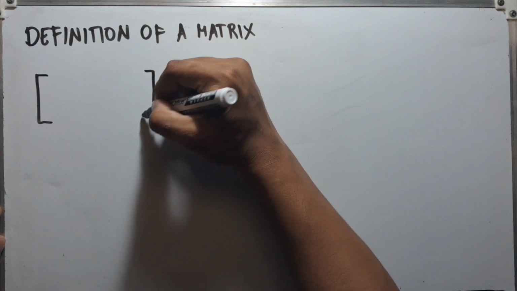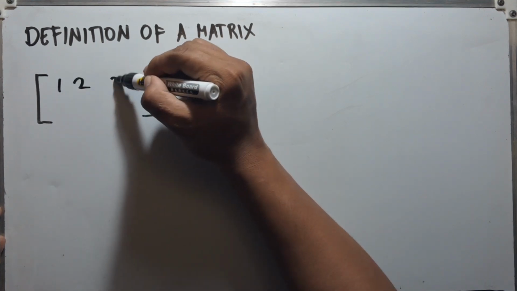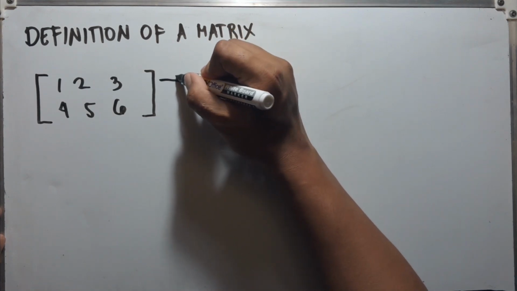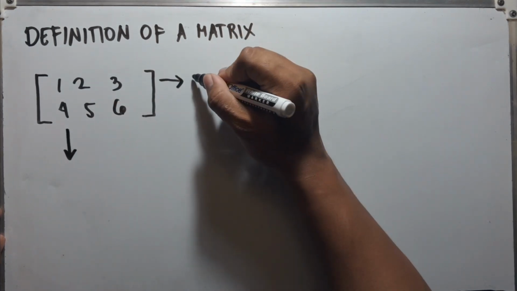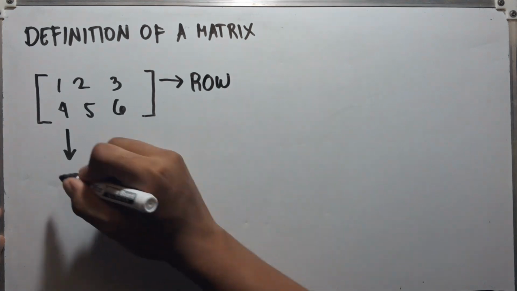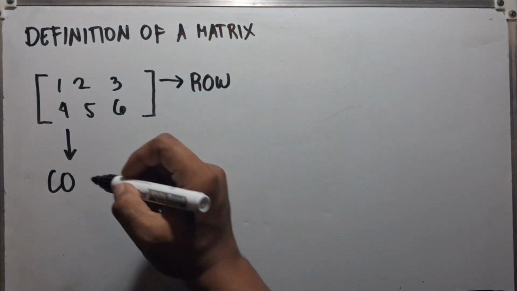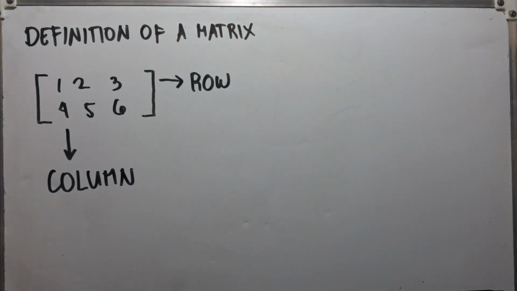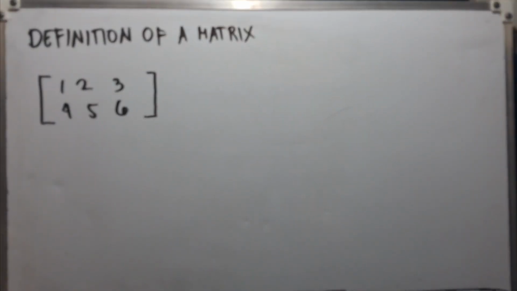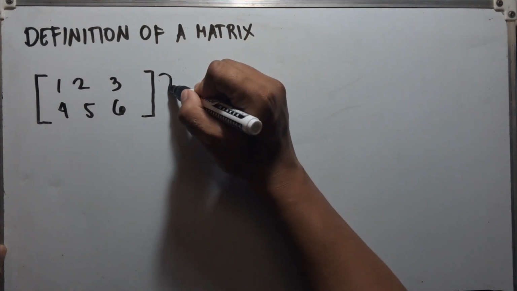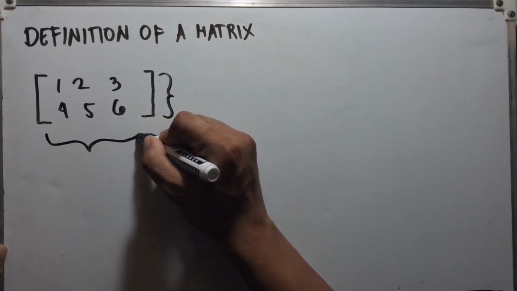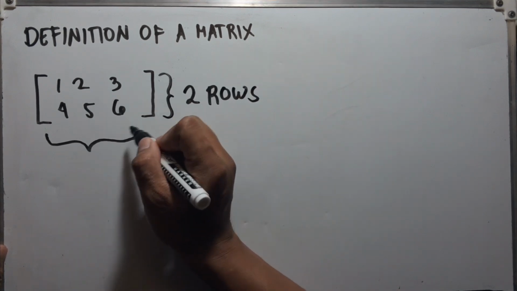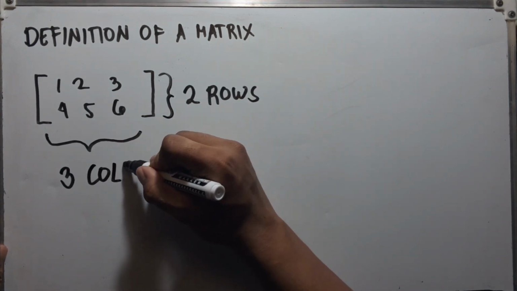So now, let's begin. A matrix consists of rows and columns. The horizontal part of it is what you call a row, and the vertical part of it is the column, just like that. Since this has 2 rows and 3 columns, we label it as 2 rows, then 3 columns.